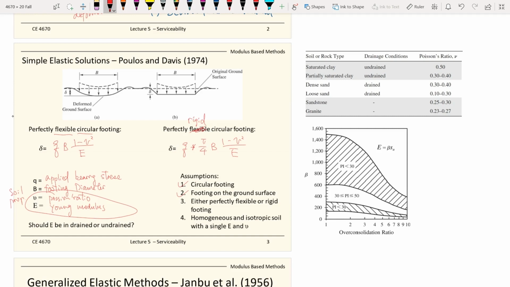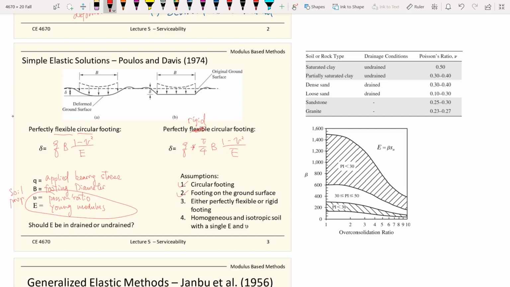One of the major shortcomings is you cannot handle when there's excavations, where the base of the footing goes into the ground. And the assumption is also that the response of the foundation is either perfectly flexible or perfectly rigid.